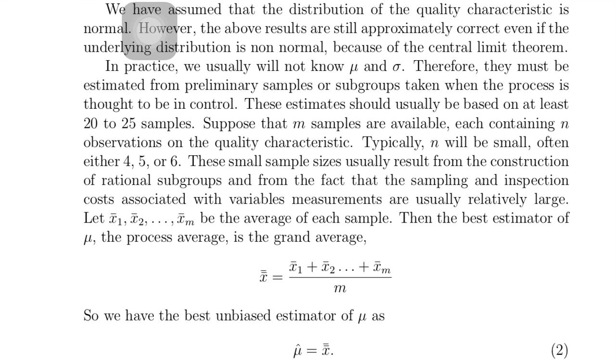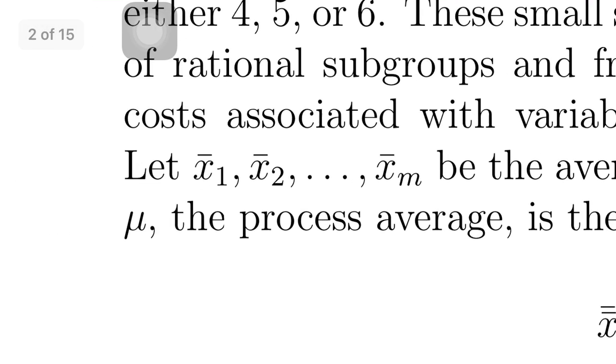Okay, and from these 20 to 25 samples, suppose m samples you are selecting, you have to compute the sample mean of each and every sample. x1 bar, x2 bar, etc., xm bar are the sample means of these m samples, each of size n.